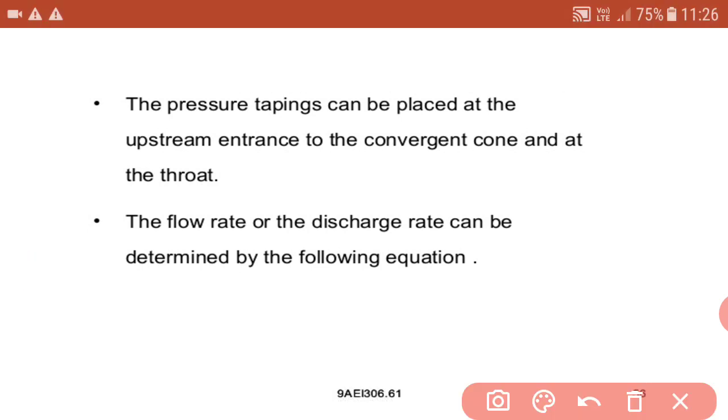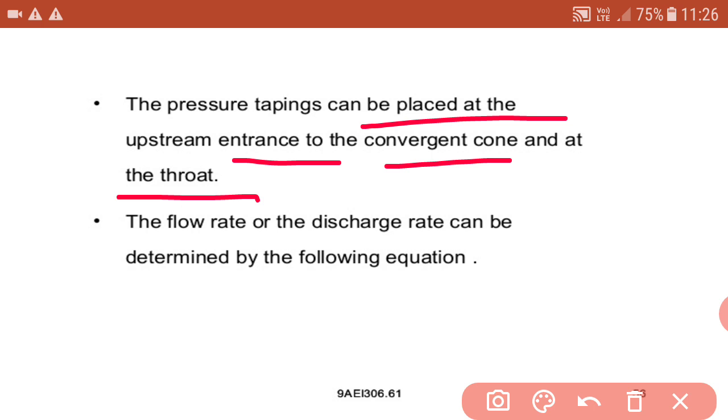The pressure tappings can be placed at the upstream entrance to the convergent cone and at the throat. The flow rate or the discharge rate can be determined by the following equation.